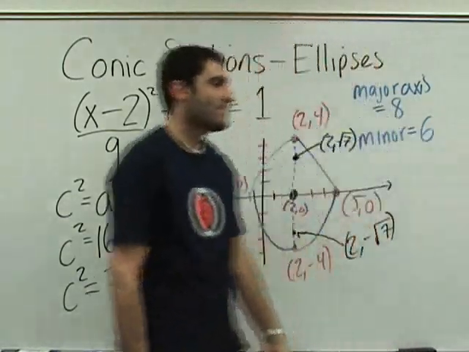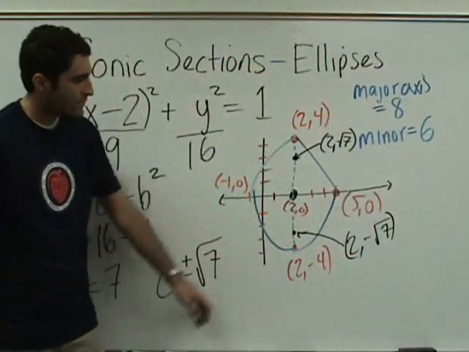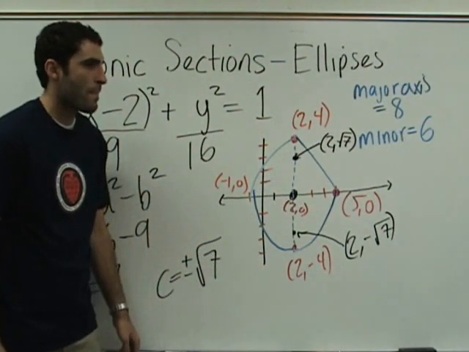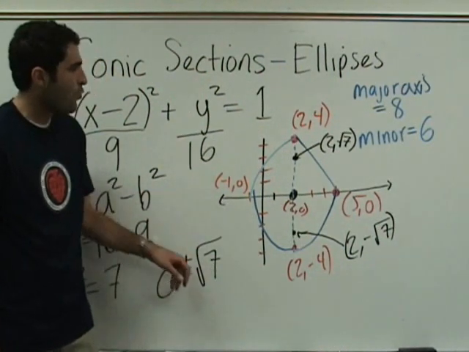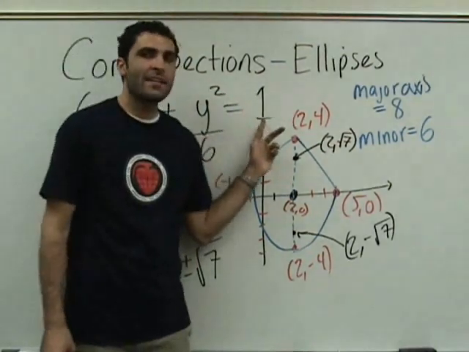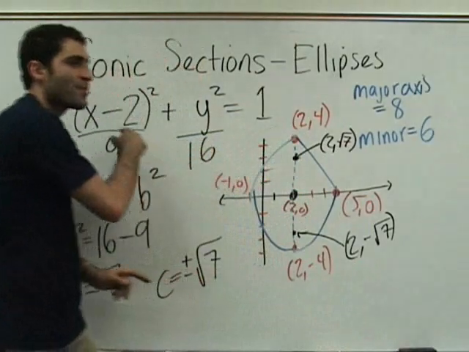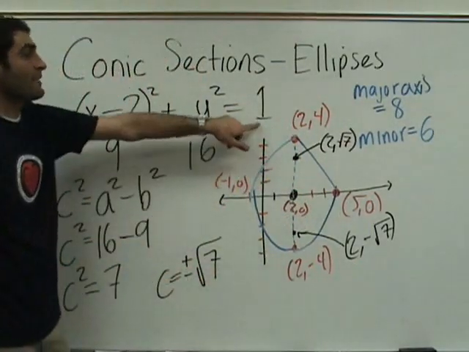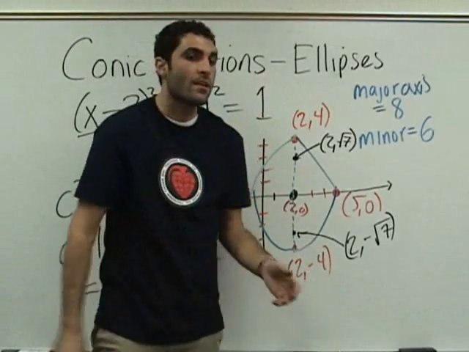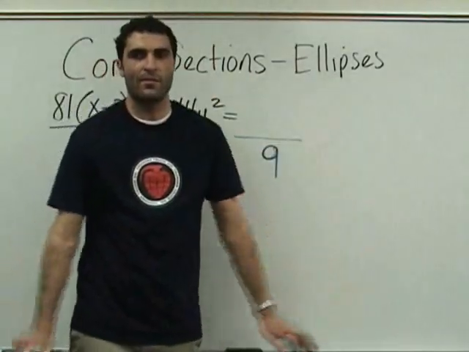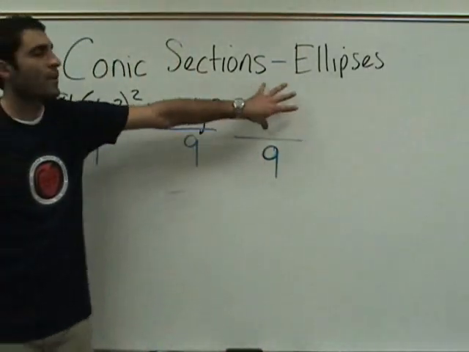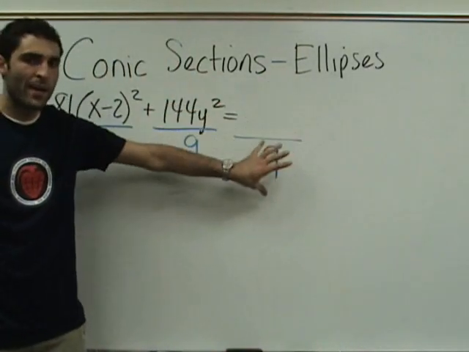Yes, question. Let's say it's equal to like 9 instead of 1. To get it to be 1, if there's a number like 9 here, we would have to divide by 9 on both sides. Whatever the number is here, you have to divide by it.